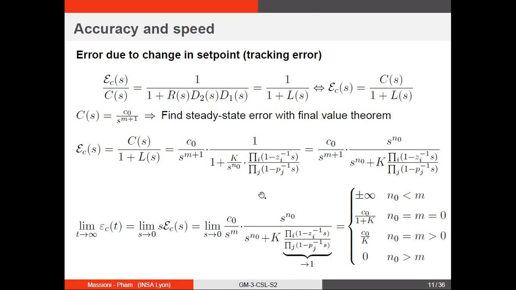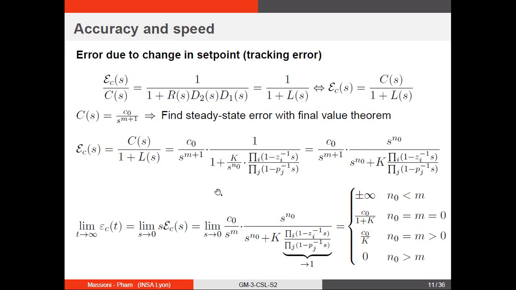Then what we do, we can just factorize this term over here, and this Laplace transform of the error is equivalent to this one. We just multiply numerator and denominator by s to the power n naught, so we are left with this thing here. And then one can simplify s here and s here according to m and n naught.